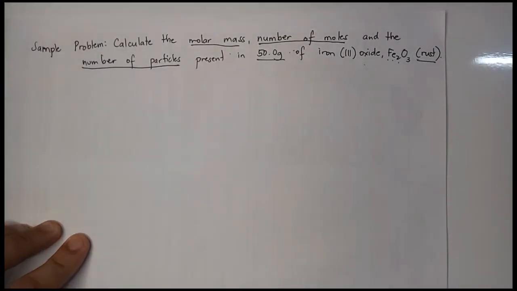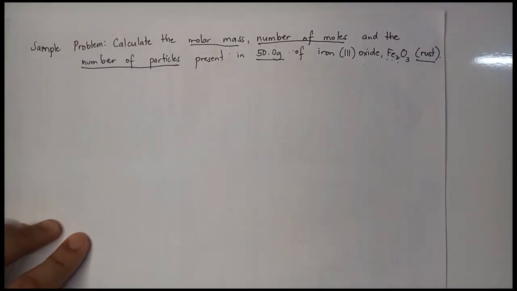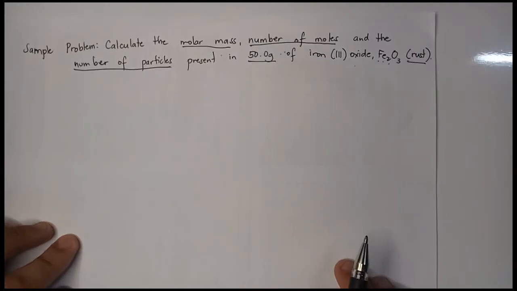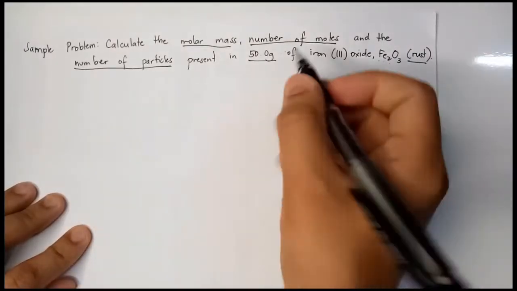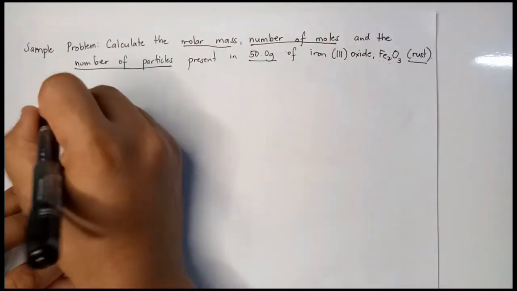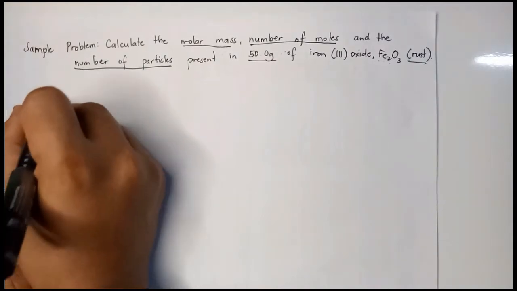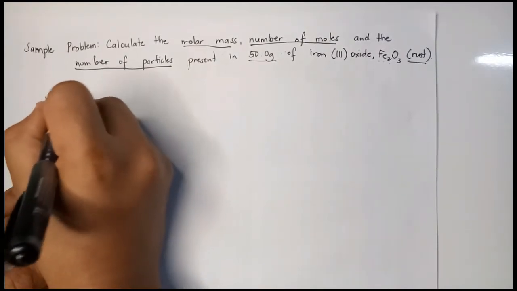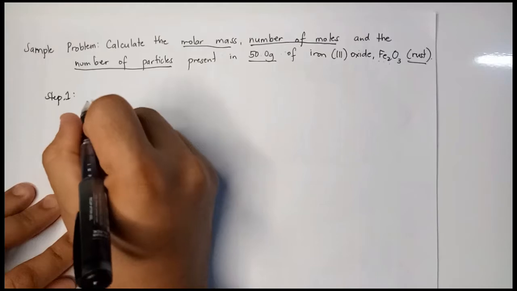So, tanongin natin, pwede ba natin makalculate? Yes. Using the mole concept. So, una, let us find anong hinahanap natin, molar mass. Para mahanap ang molar mass, step 1, find the molar mass.